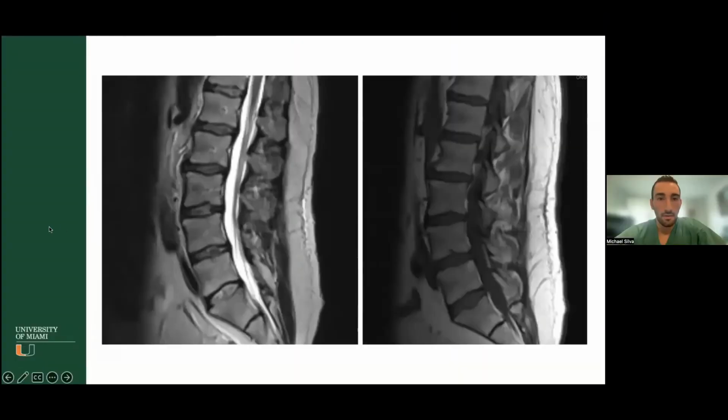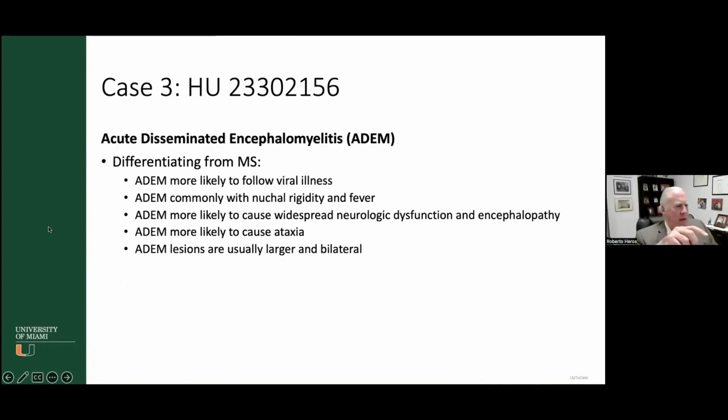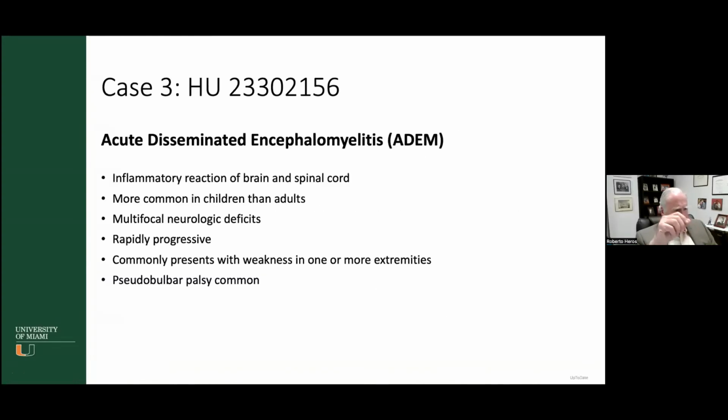Right. Just before you go to the next case, just to make the point that the initial slide of the pathology, the frozen section, emphasizes what Dr. Gutelkin said: these are macrophages, but on the frozen section, they can be confused with neoplastic cells, particularly by a neuropathologist less experienced than Dr. Gutelkin.